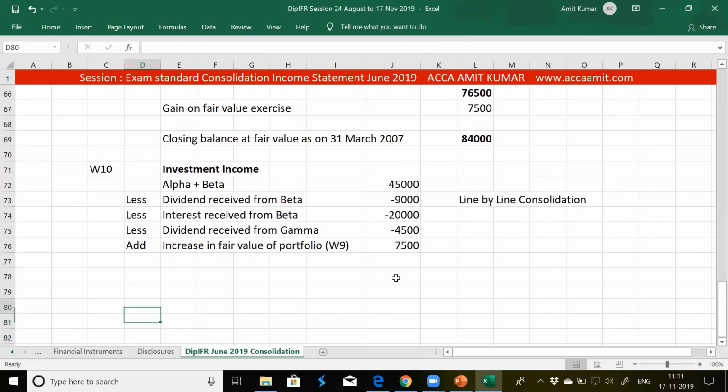So the balance which will show in the income statement will be a total of 19,000, the adjusted balance in the consolidated income statement. You can directly pick it from working note number 10.